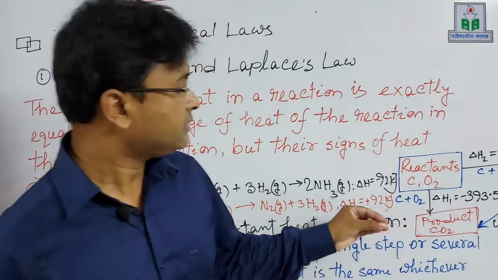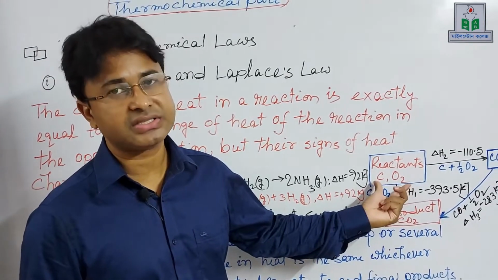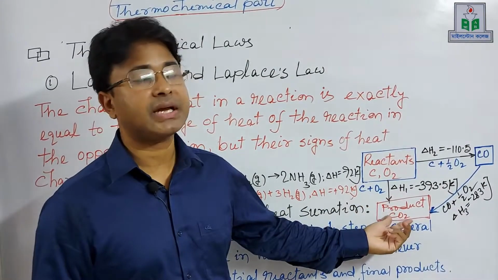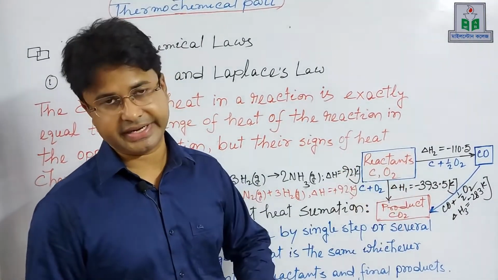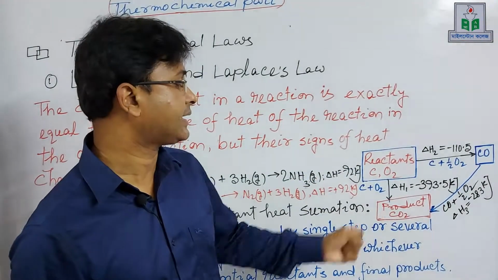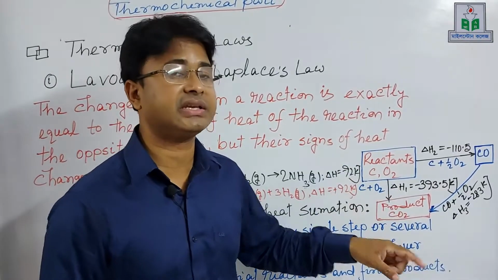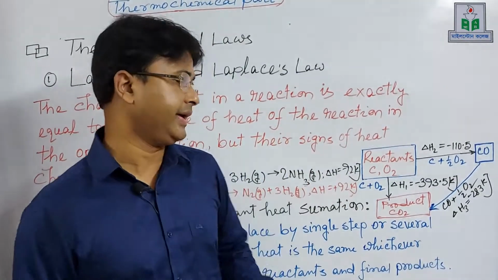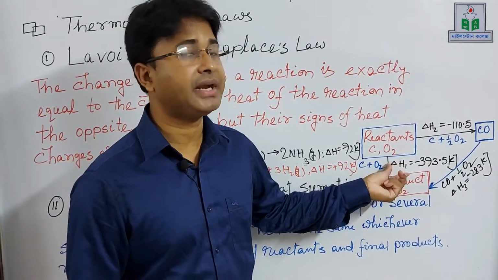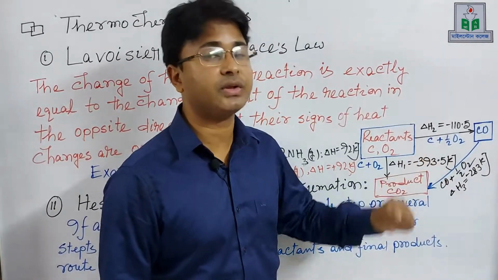Here the reactants carbon and oxygen and the product carbon dioxide are constant, and carbon dioxide can be produced from carbon and oxygen directly in one way, and in this case the change of heat, delta H, equals minus 393.5 kilojoule.